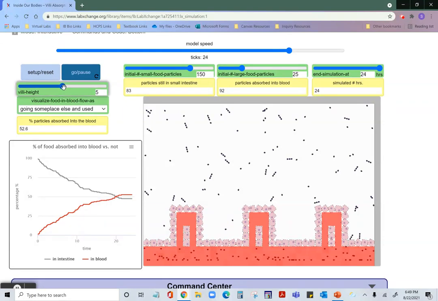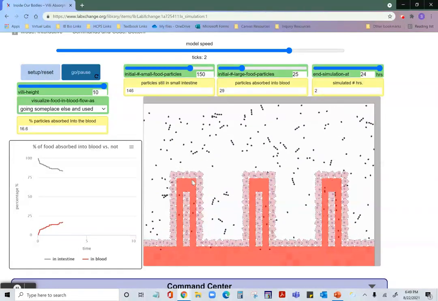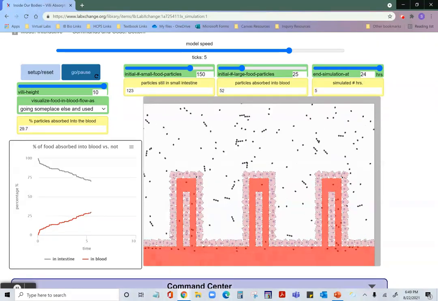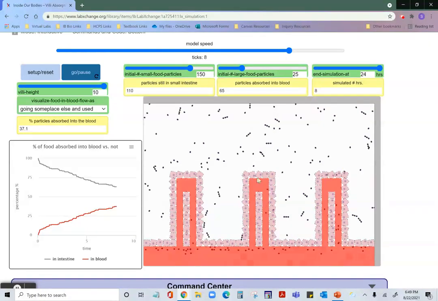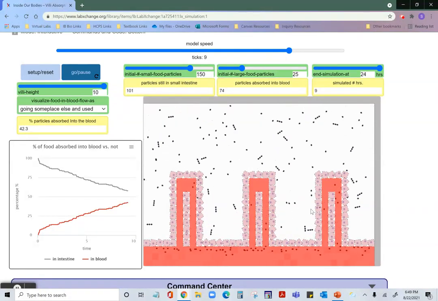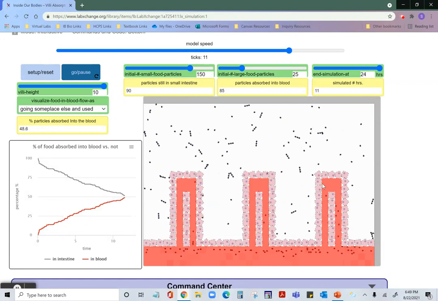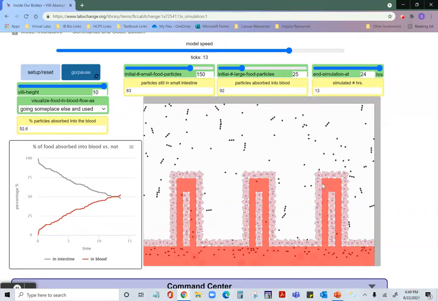So we're going to increase that villi height to 10 now. Super tall villi, long villi. Look at all this extra surface area that is absorbing these molecules. Mostly the small ones, because the big ones just bounce off because they haven't been broken down a bunch.